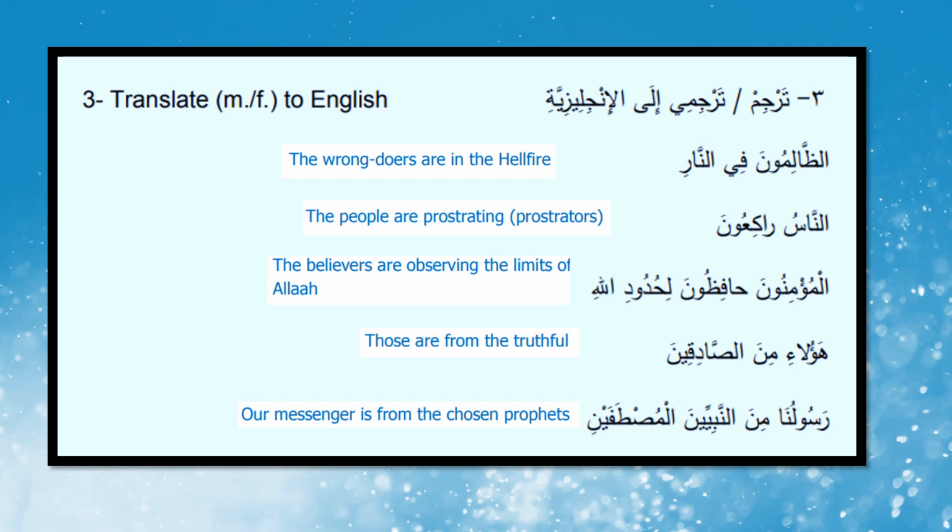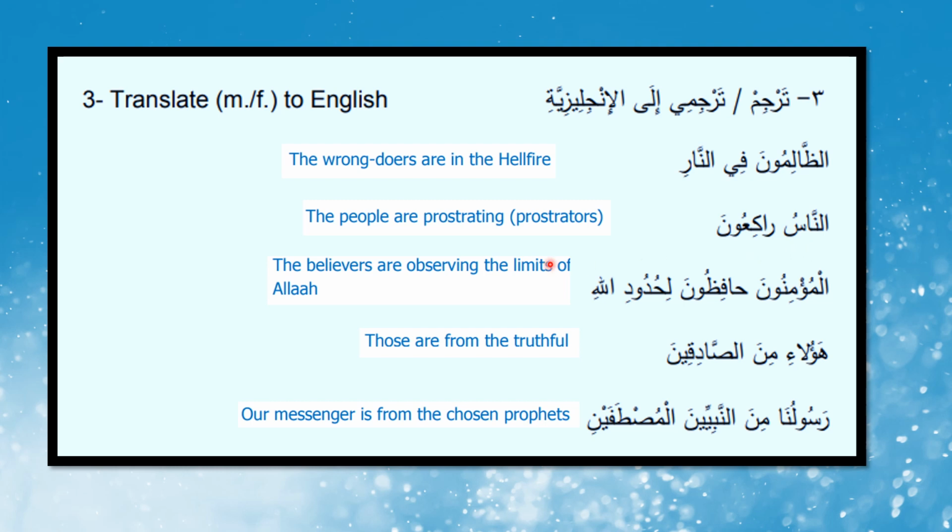Now I have given here the answers. So let's do it. Translate into English. Az-zalimuna fin-nar. The wrongdoers are in the hellfire. And an-nasu raki'un. An-nas is the people. Raki'un means those who bow.